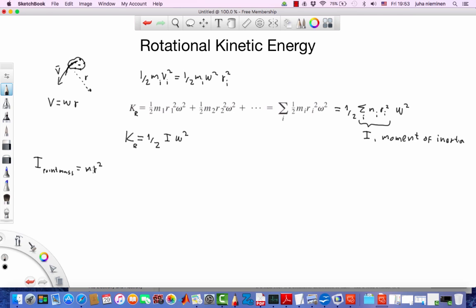So that's the upper limit for the moment of inertia of an object. And that is simply because all of the mass is as far away from the axis of rotation as possible.